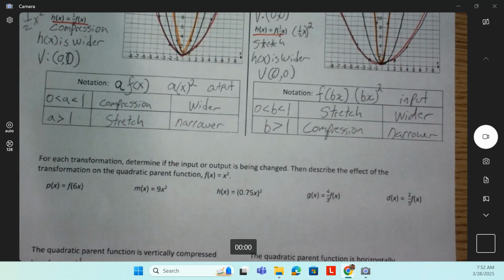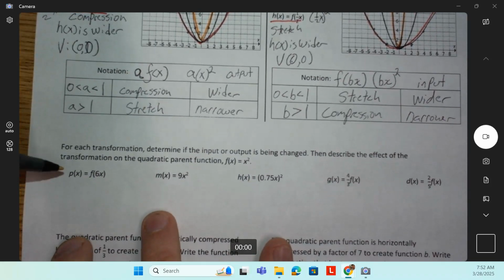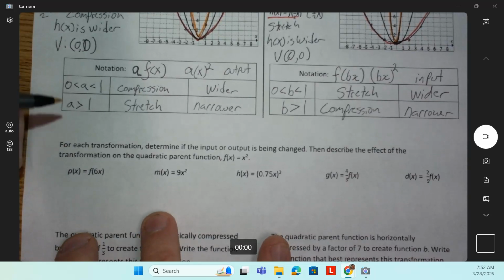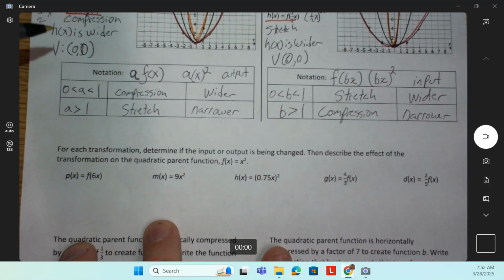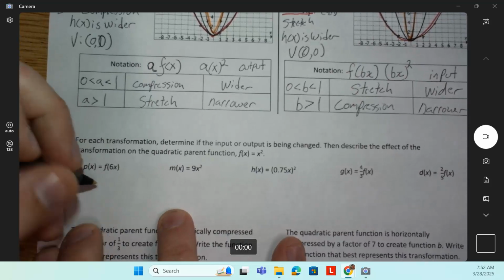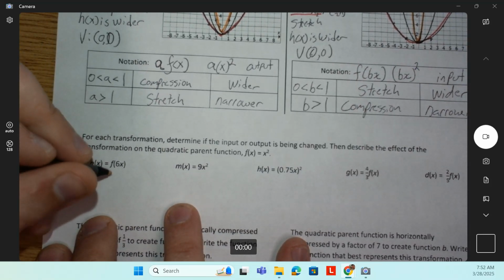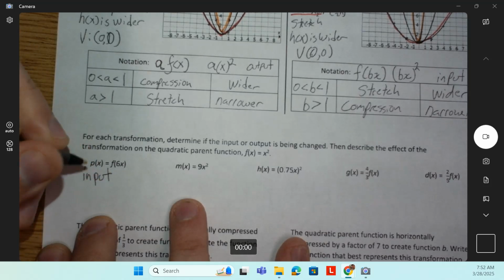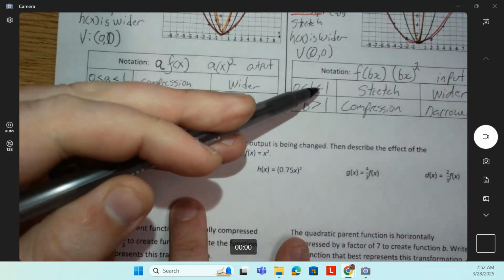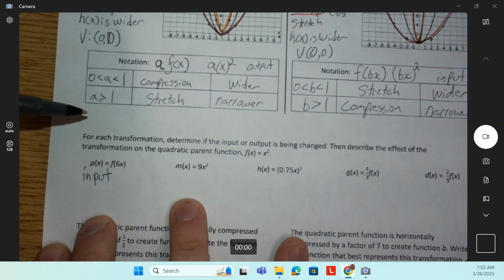Looking at a couple of these here, it wants us to determine if the input or output is being changed and then describe what the effect is. It won't have us put the vertex because, as we can see, for right now, these are always going to be the same. So looking at the first one, the 6 is inside the parentheses, so that's going to be the input. And so my input is going to be horizontal. When it's with the x, that's horizontal, left and right.